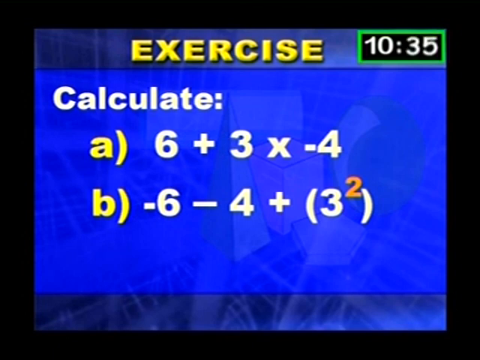A. 6 plus 3 times negative 4. B. Negative 4 subtract 4 plus, in bracket, 3 to the power of 2. You have the same example in your student workbook. You can refer back to that.